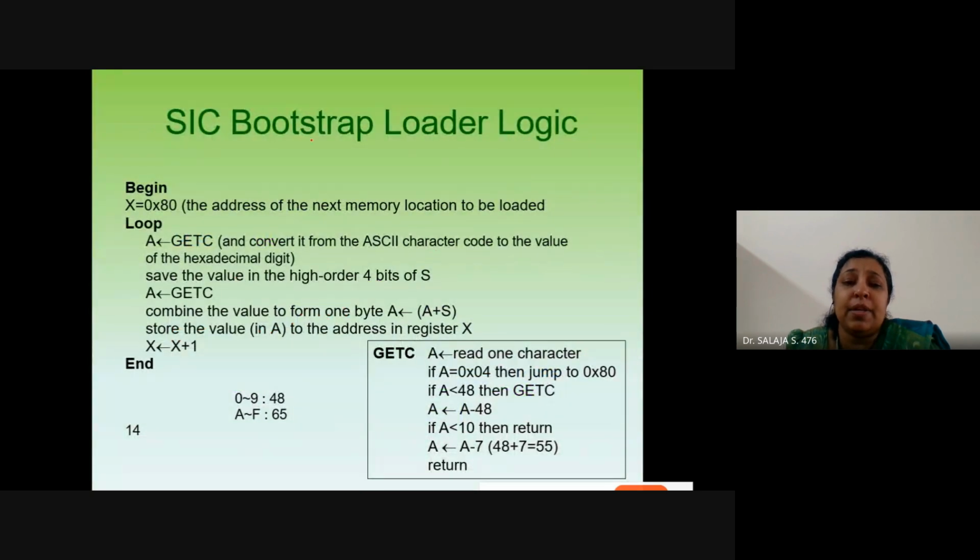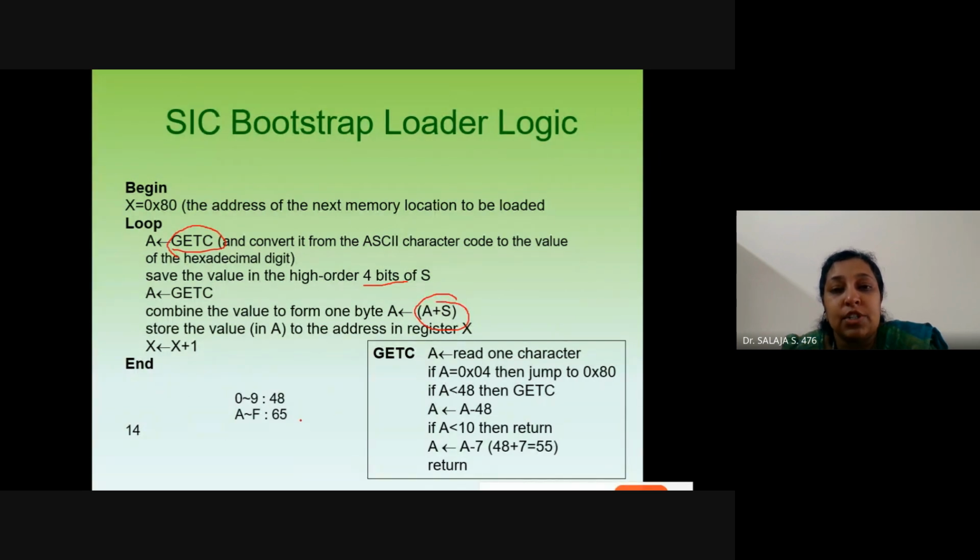So now what happens? You try to get the address. And then you have to convert every character into a hexadecimal value, and therefore you use getC to get it. If there is more information, you save the first 4 bits, the higher-order bits, and then again you getC, do some addition out of it and convert it.